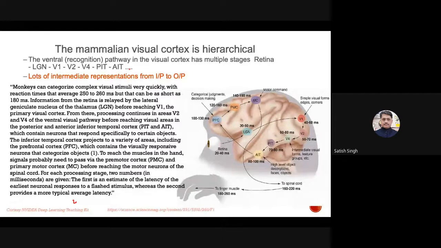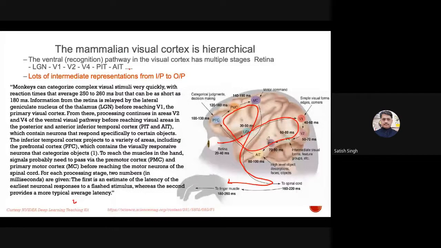So basically the information flows this way, through a variety of phases, and then action is initiated.